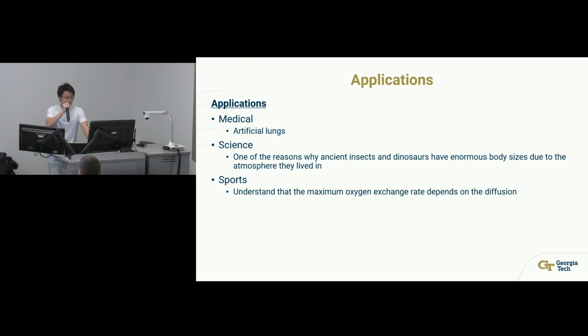It's more on the biology or archaeology side, which is that this is one of the reasons why ancient insects and dinosaurs have enormous body sizes, due to the atmosphere they lived in. And the final one that I can think of is sports, because if we understand the maximum oxygen exchange rate, which is dependent on the diffusion, we can actually boost our sports performance.